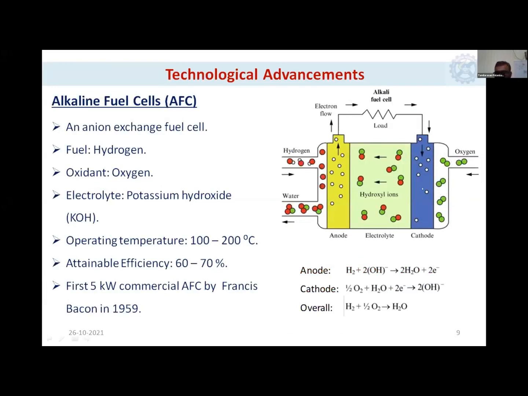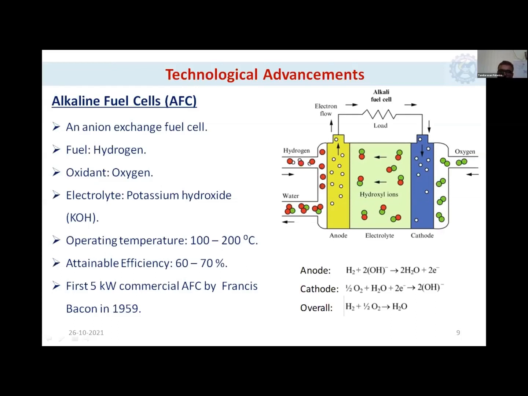These hydroxyl anions should be transported all the way to the anode. So you need an electrolyte that is capable of transferring hydroxyl anions. Generally you can use any hydroxides like potassium hydroxide or sodium hydroxide here, particularly in solution form, so that the hydroxyl anions will be transferred all the way to the anode.